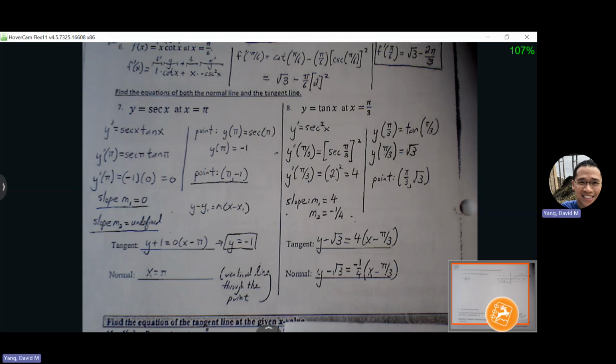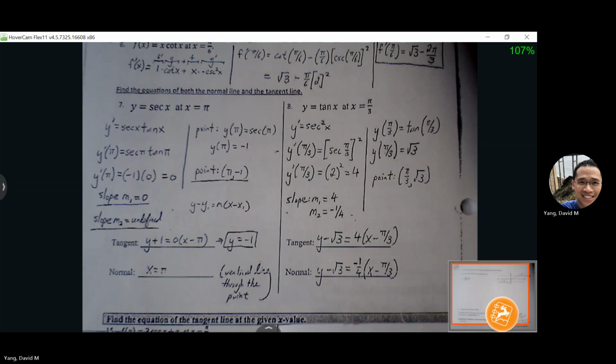Okay. Are we okay with 7 and 8? Okay. 15 and 16, find equation of tangent line. So find the derivative, find the slope, find your ordered pair, and then point slope form.